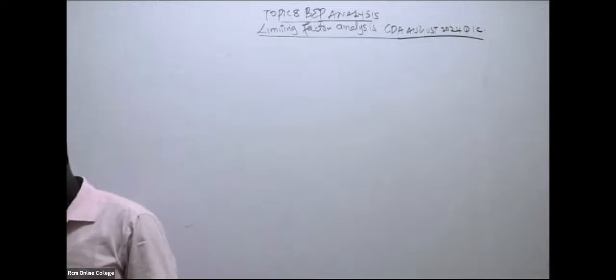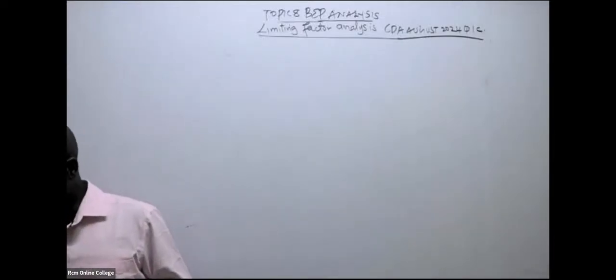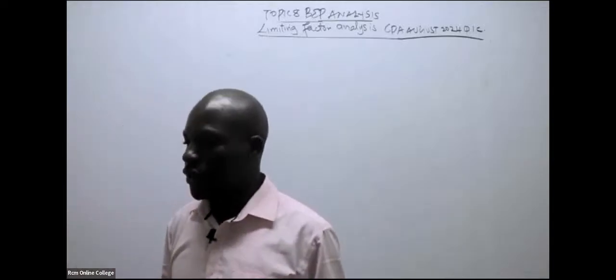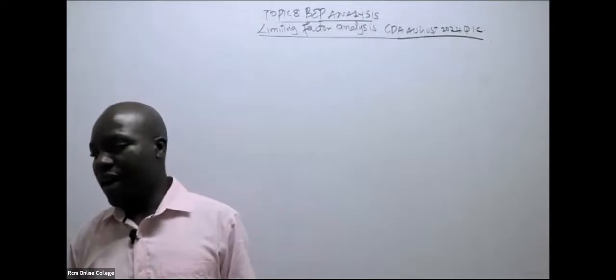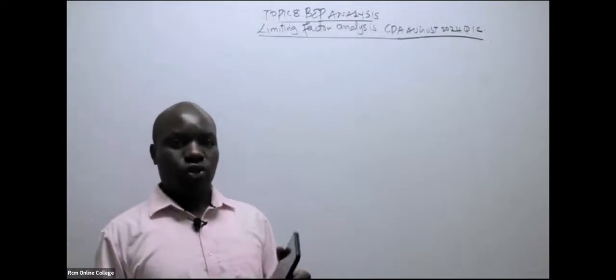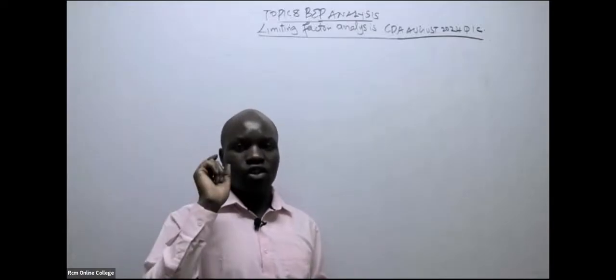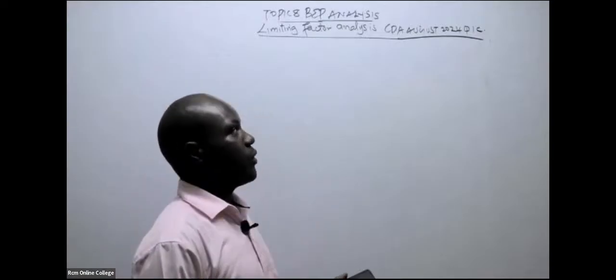Good. So we've been able to read the question, and we now need to address what is given there. So the first thing we need to deal with is to bring all the items. Before even I look at the limiting factor, what you're going to do here for the first part will apply to any question that relates to the limiting factor analysis. So what are we supposed to do?